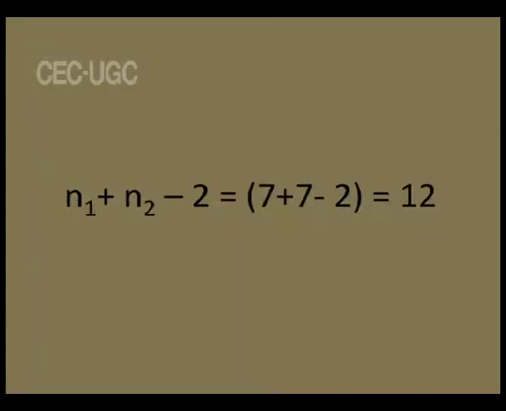The degrees of freedom for this example are n1 plus n2 minus 2, where n1 is the number of observations in group 1 and n2 is the number of observations in group 2. Since we had 7 subjects in each of the groups, we do 7 plus 7 minus 2, which gives us a value of 12.